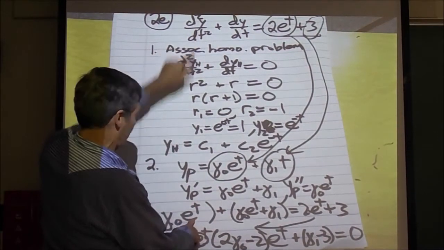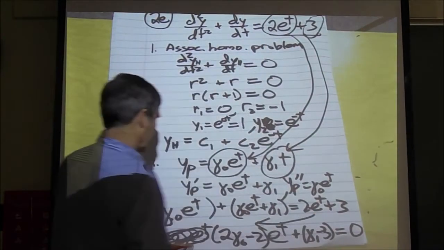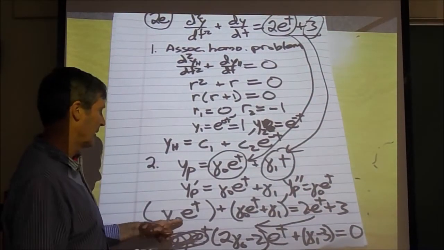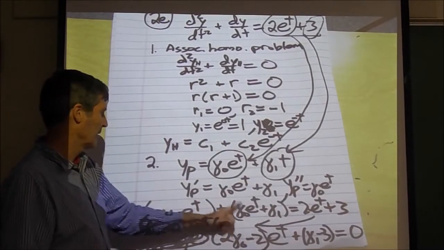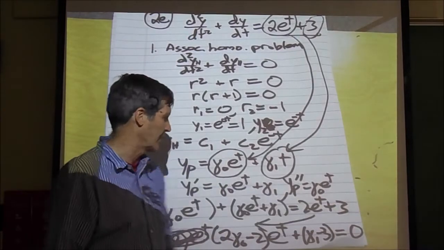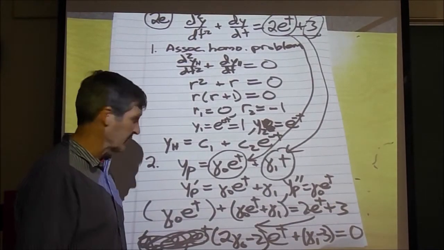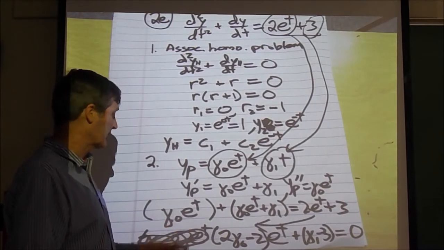Y double prime plus y prime equals 2e to the t plus 3, where I've put in y double prime from here, and y prime from here. Y double prime plus y prime equals the right-hand side. Now what you do on all these problems is you group like terms. Some of the terms have e to the t, and some of them are just constant terms.